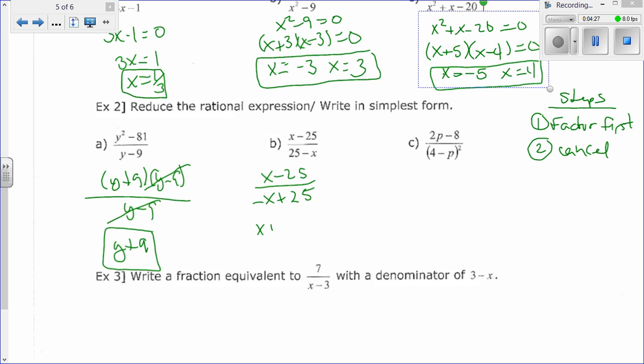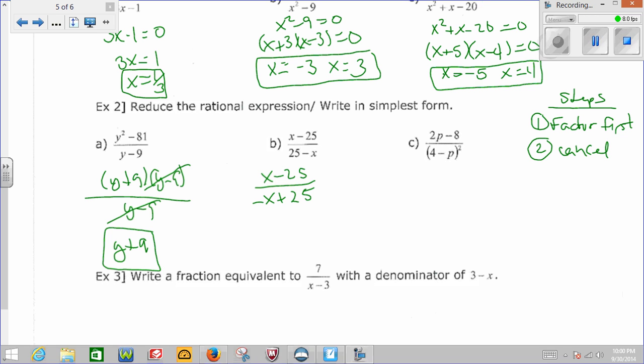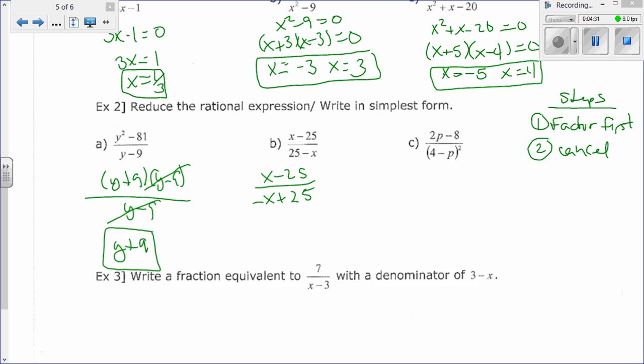So it's x minus 25 over, if I factor out a negative 1, I have negative 1, and then x minus 25. Now you can see the top and the bottom both have an x minus 25. I should put 1s in the place when we cancel, my mistake. So I have 1 over negative 1, which is just negative 1.